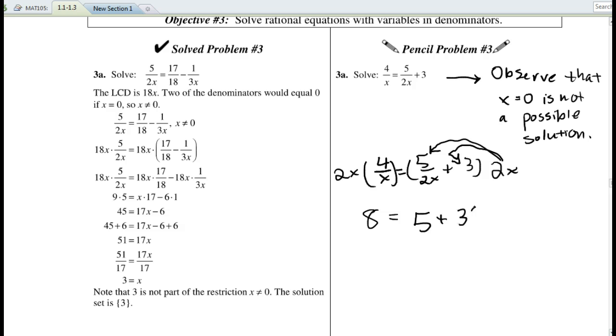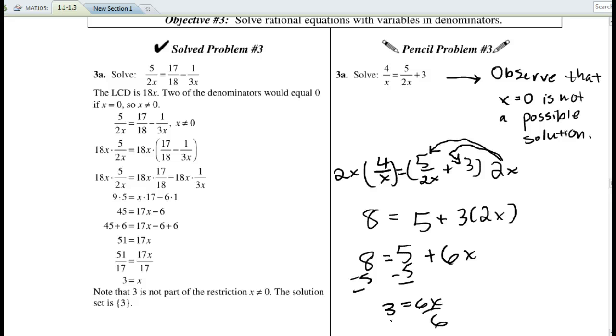And the last term, we just get 3 times 2x. So we get 8 equals 5 plus 6x, subtract 5. So we get 3 equals 6x, or when we divide by 6, we'll see that that just makes x 1/2. So that's our answer.